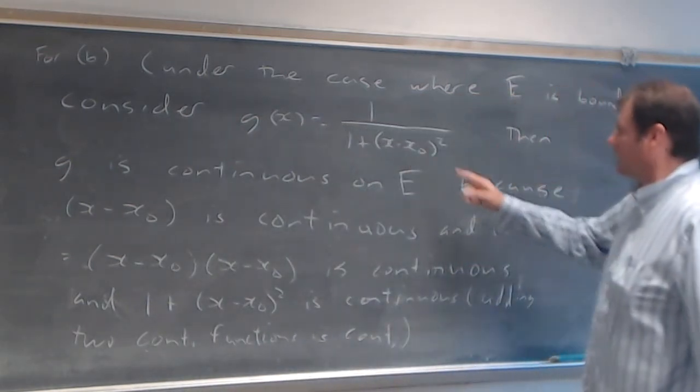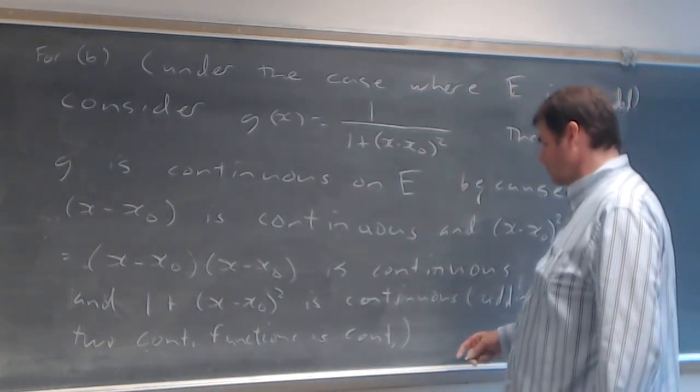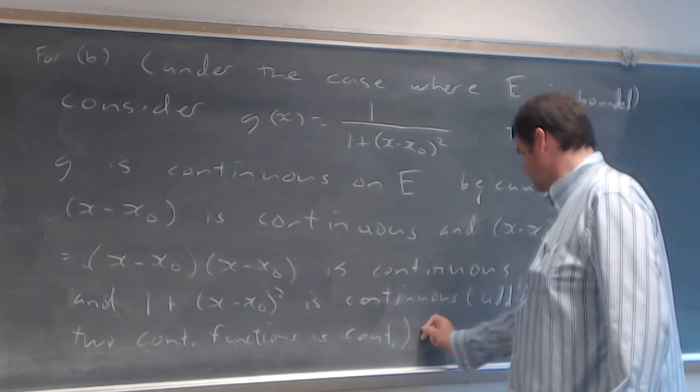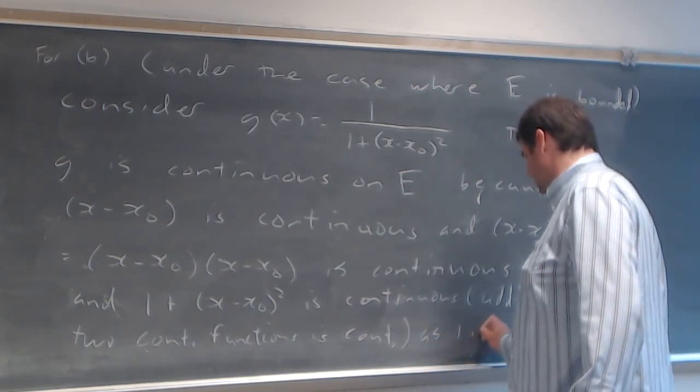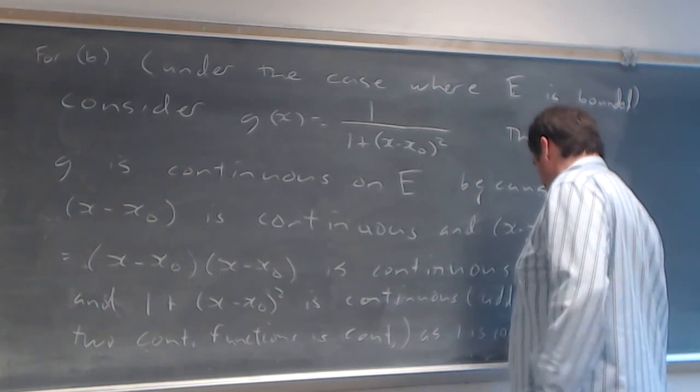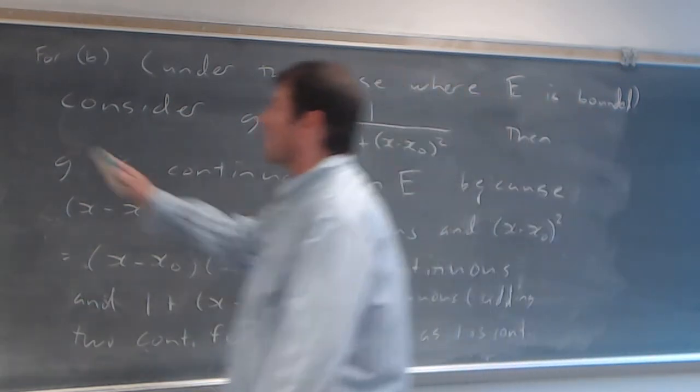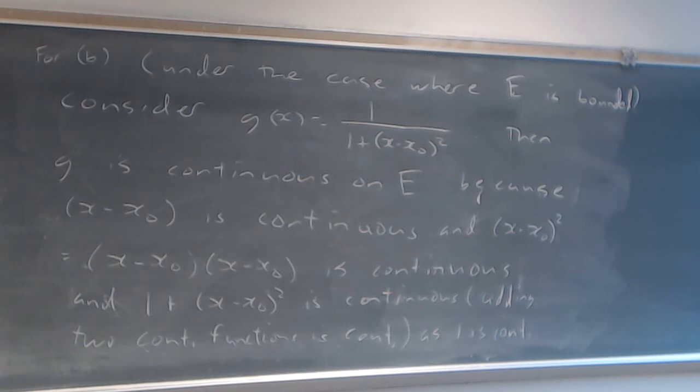And then lastly, I'll say 1 is continuous. We've shown that. And lastly, g of x is equal to the division of two continuous functions where the bottom is never 0.